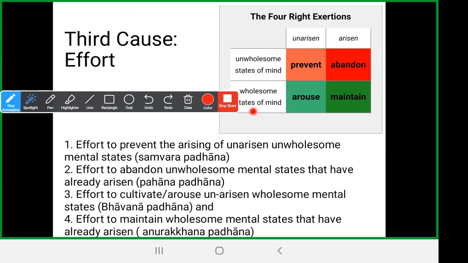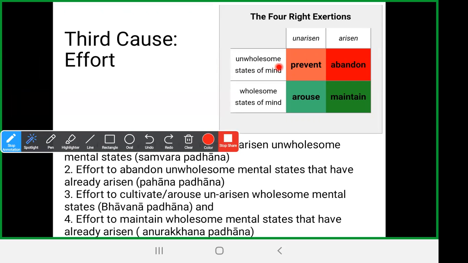Okay, so if you find it too difficult to remember these 4, you just remember this, which I got from the internet. It's so easy to remember. Unwholesome and wholesome. Unwholesome is 2, wholesome is 2. So you can divide into unarisen is 2, arisen is 2. So very simple. Unwholesome, if not arisen, you should prevent it.